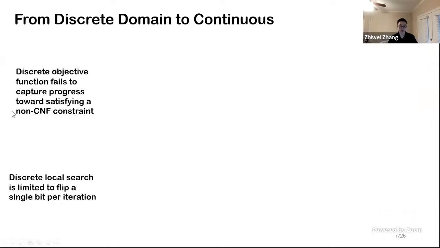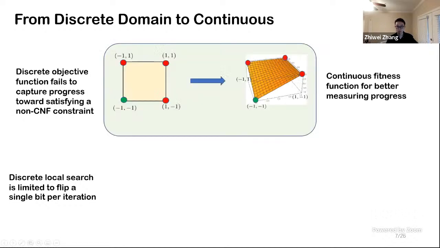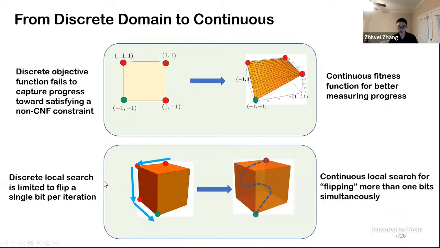As for the discrete objective failing to capture progress, we plan to design a continuous fitness function to measure the progress. Since discrete local search is limited to flipping a single bit per iteration, we are thinking of searching inside of the box and doing continuous local search so that we are flipping more than one bit simultaneously. Maybe we'll just flip each bit slightly, but we can manipulate a subset of bits instead of just one.